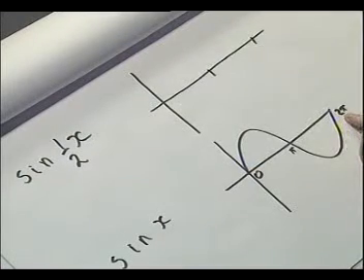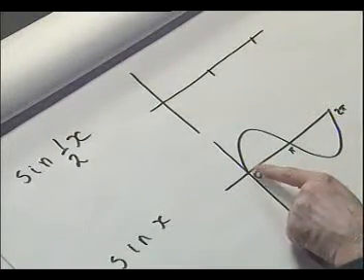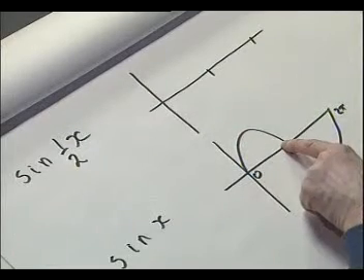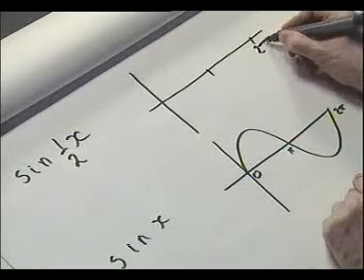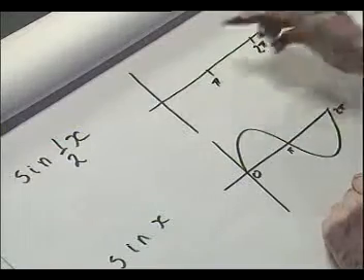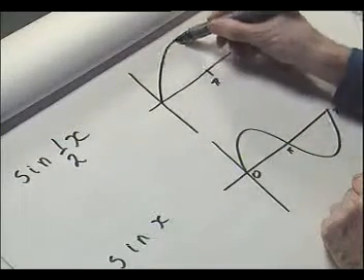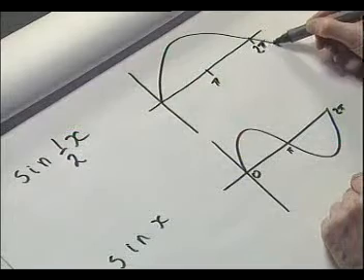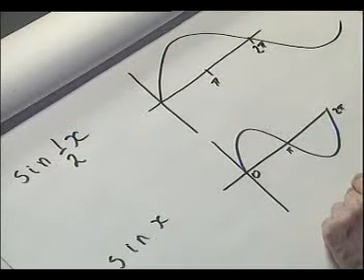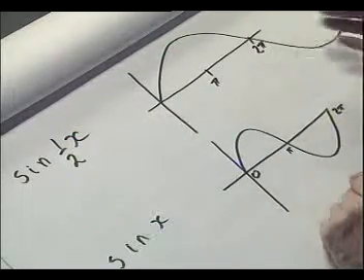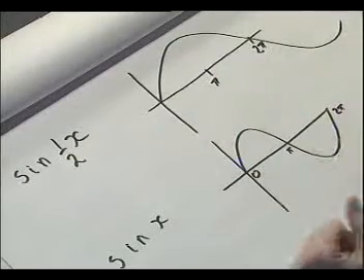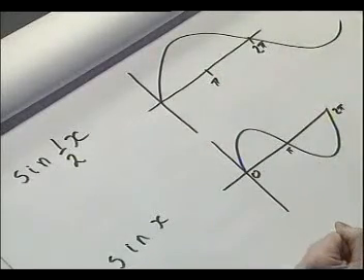Well, things are happening half as quickly. A half of 2 pi is just pi. So we will only have got through that bit of the curve by the time we've got to 2 pi. So that in effect the graph of sine of a half x looks like that and continues on in double the space.